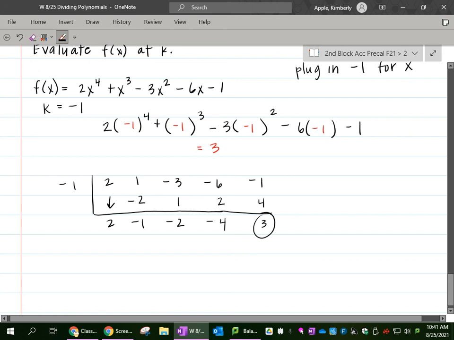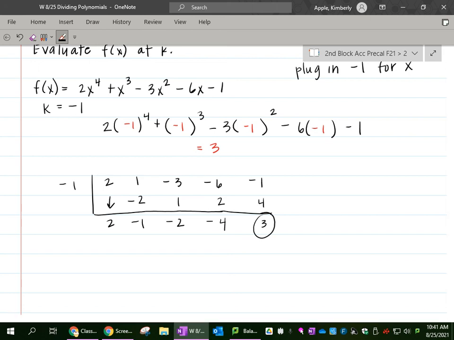You'll need to know that if I say, okay, what is the value of this function at -1? You can either plug it all in, or you can just do the synthetic division, and the remainder is the value of that function after you plug everything in. You can do it like this, or you can do it like this and just take the remainder.